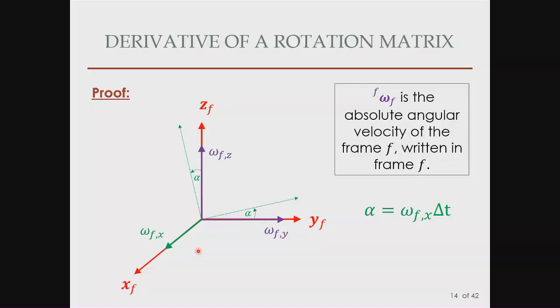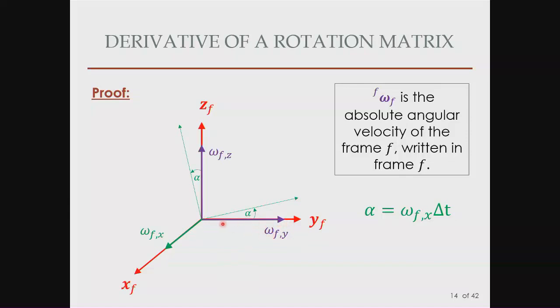Okay, now the arc here is not a straight line, but if delta t is really, really, really small, we can approximate it with a straight line. I will do it later. And now let's look at the rotation of the axes as a result of this omega Fy component.